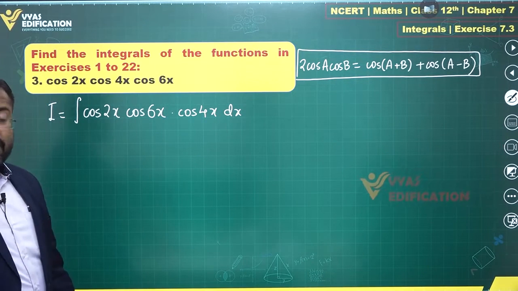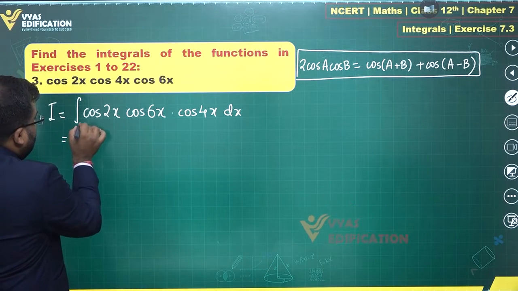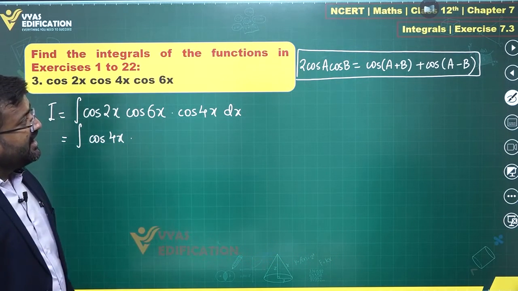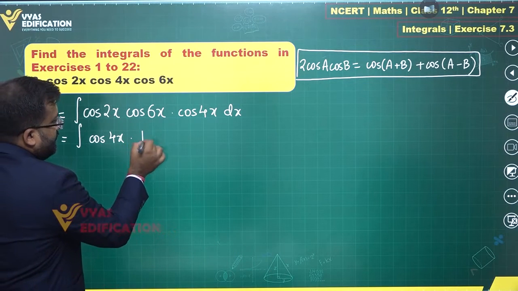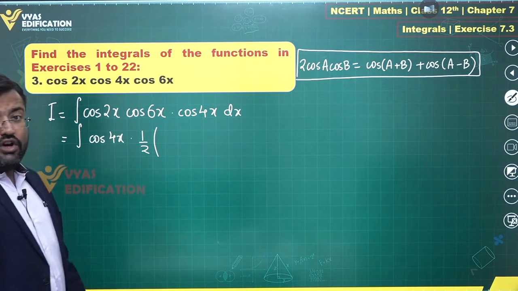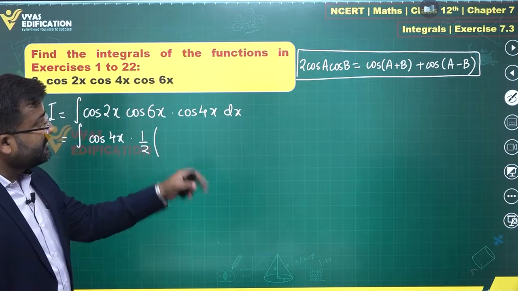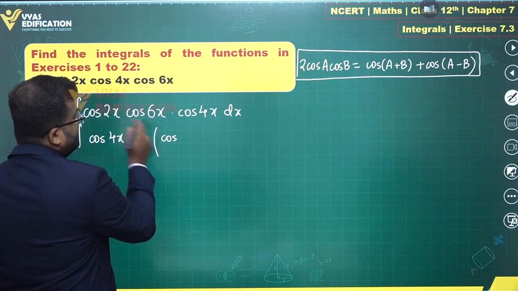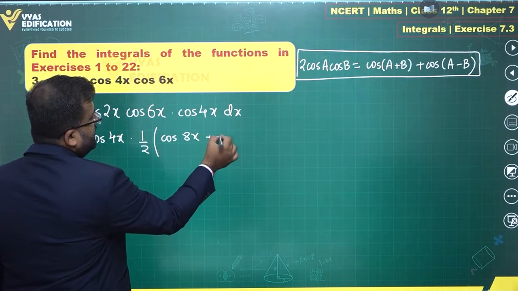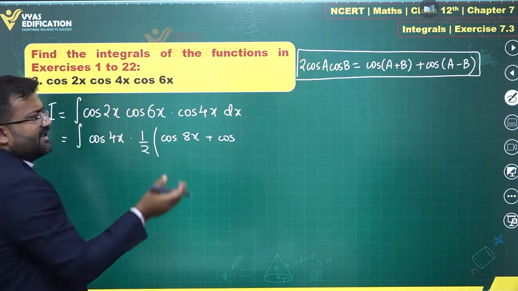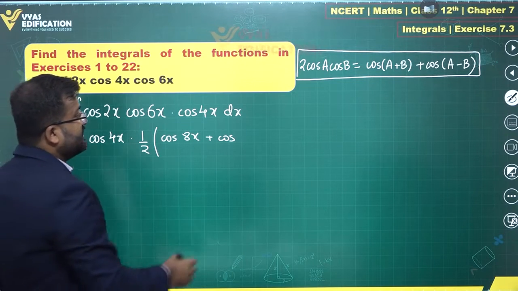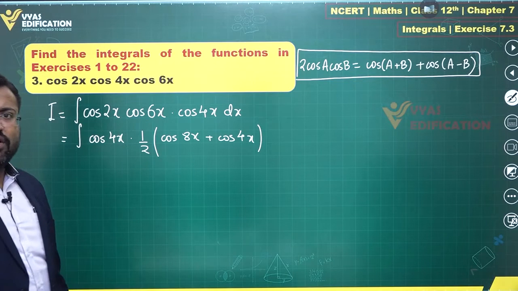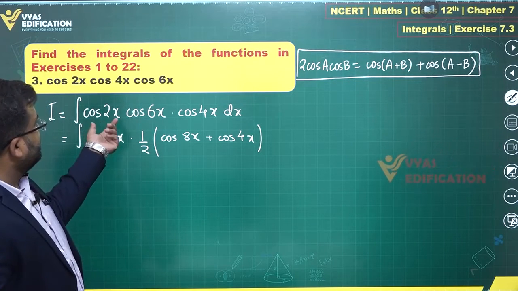Once you have this, cos 4x will remain as it is, and you can write the remaining as half of cos 2x into cos 6x converting to cos of A plus B, which is cos of 6x plus 2x, which is 8x, plus cos of A minus B. Now 6x and 2x can be subtracted. This is 4x. Oh, you could have written minus 4x as well. Yes, I could have written minus 4x as well because 2x is written before.